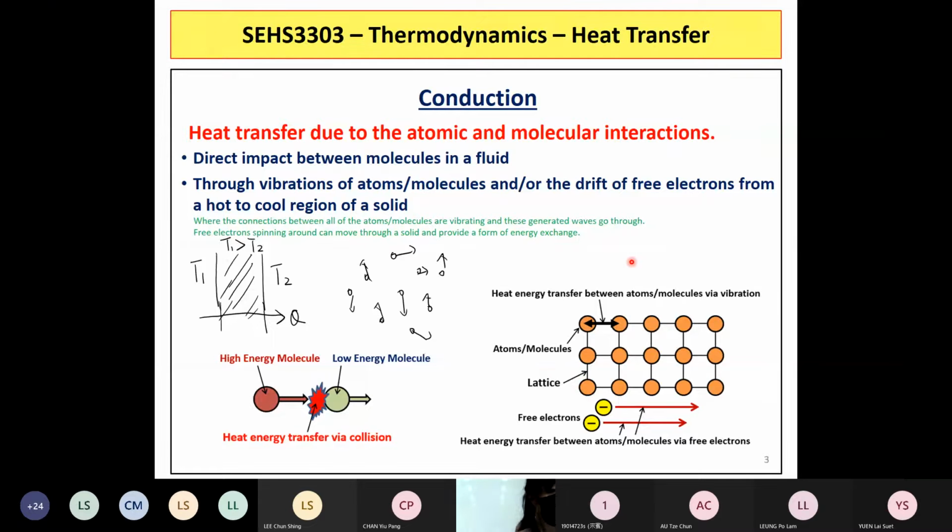Conduction in the solid happens by two methods. First, by the lattice vibration. Second, the drift of free electrons. Vibration is where the connections between all the molecules are vibrating, and now we have that kind of wave go through. This is a vibration.